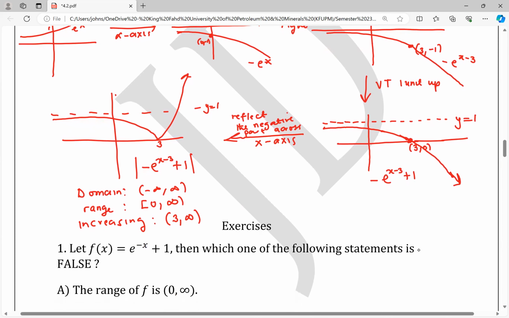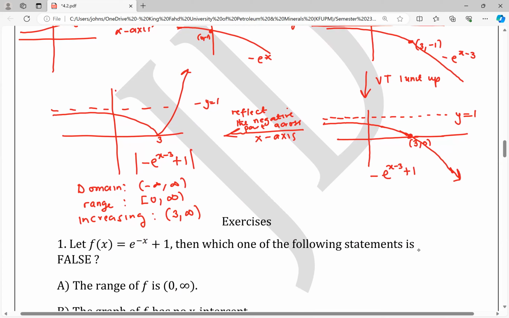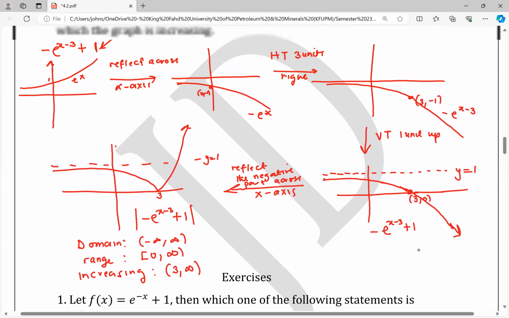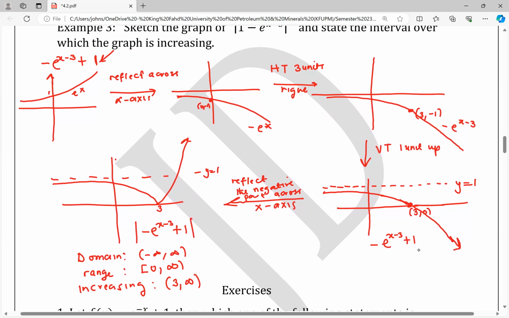Okay. So we're done. So this is number 1. This is number 2. And this is number 3. And finally, number 4.